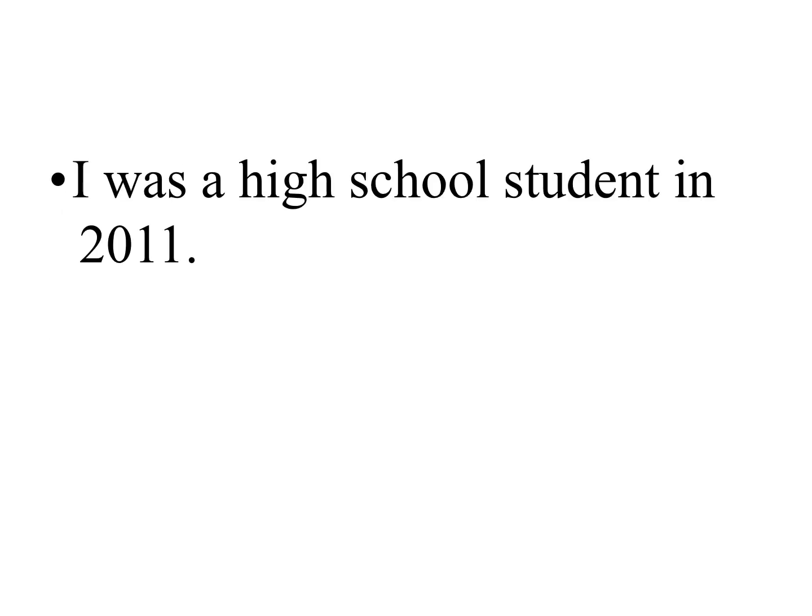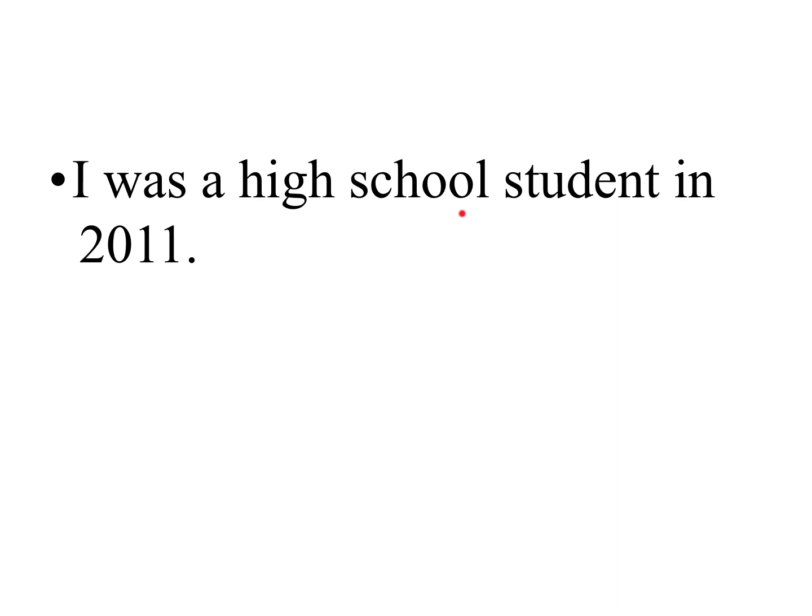Let's see some examples. The first one: I was a high school student in 2011. Do we use le or not? You think about it. Yes. Again, this sentence emphasizes the status or the state.